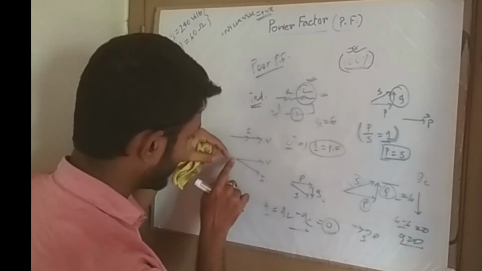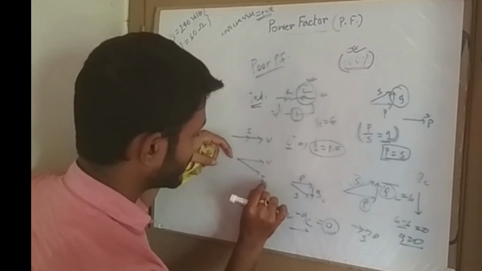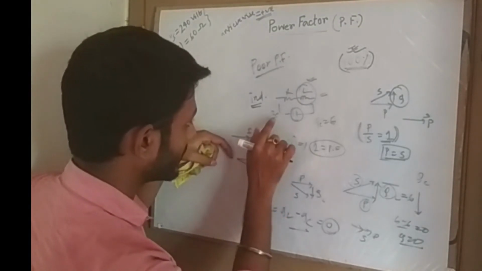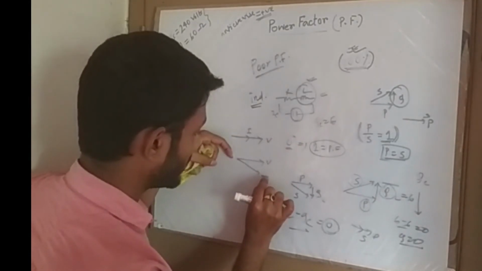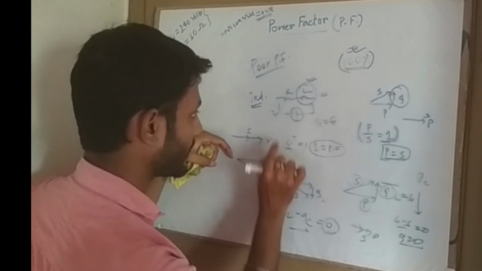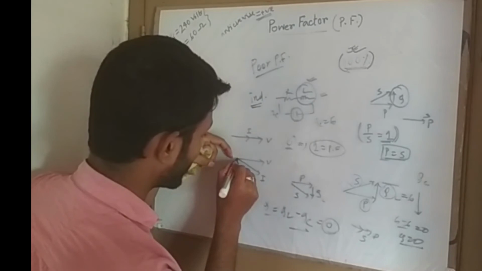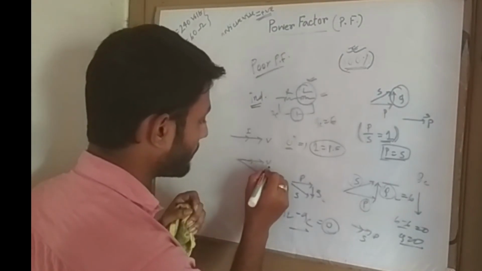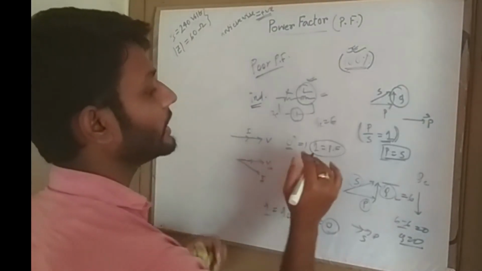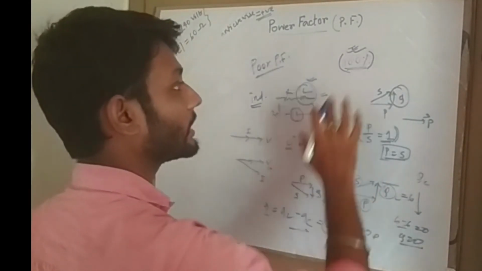So now the I is lagging in nature. After putting this capacitor, the capacitive current will try to pull this I upward, as capacitor is leading in nature. So the resultant current will be in same phase with this voltage, then only the power factor will be 1, which will be our target.